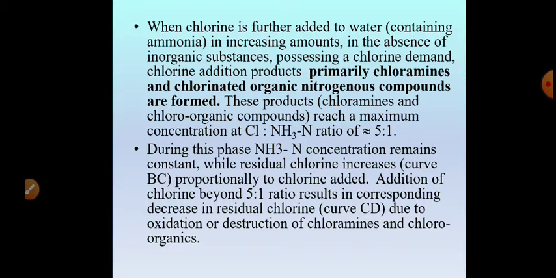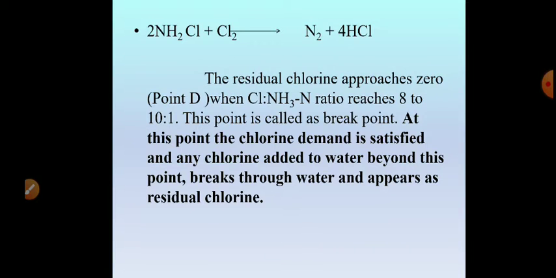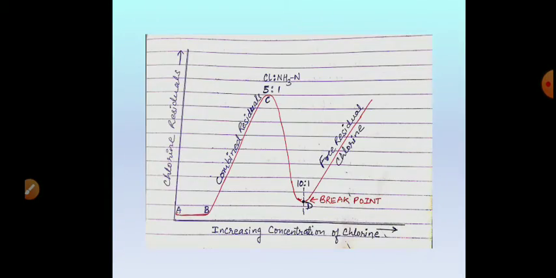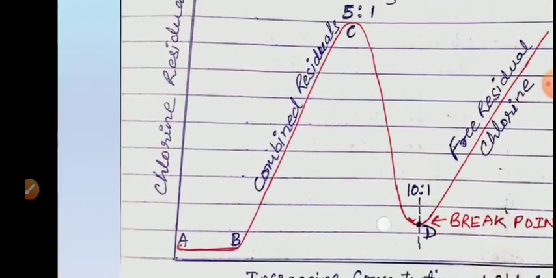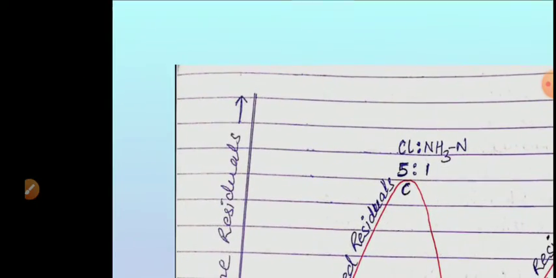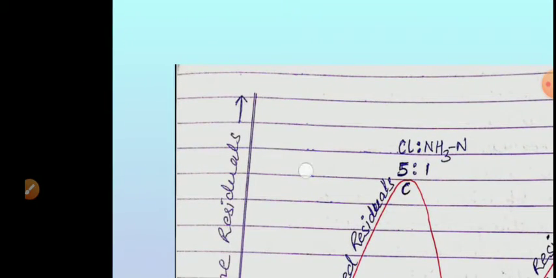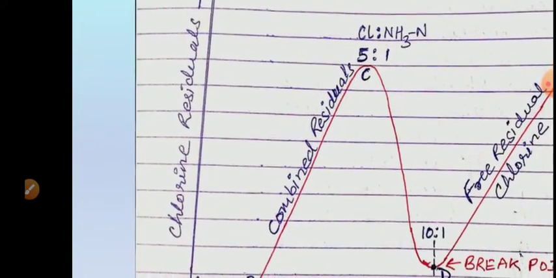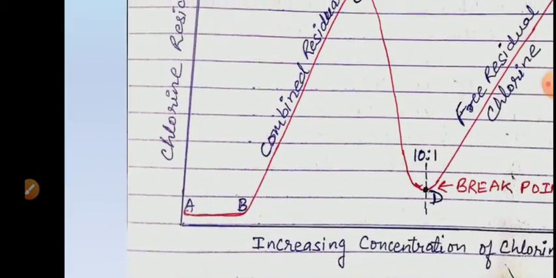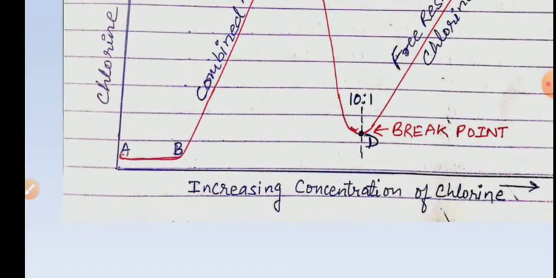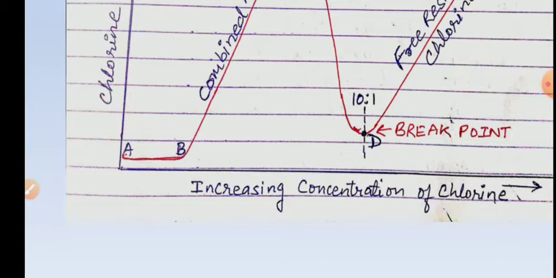Now this is shown by line AB in the graph. You can see here, we have plotted residual chlorine in mg per liter on the y-axis versus increasing concentration of chlorine, or chlorine dose, on the x-axis.